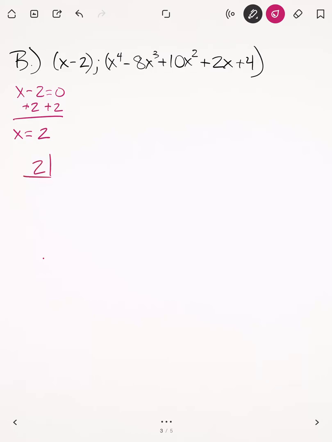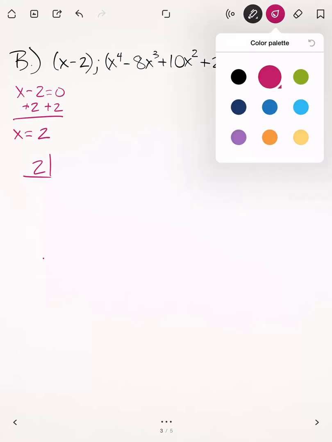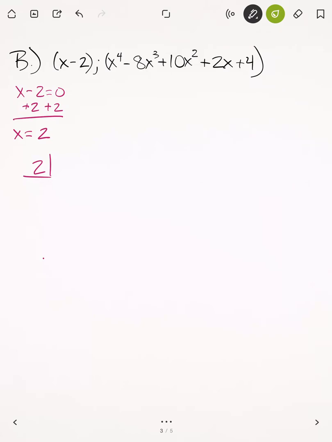One thing I forgot to say in the last example is we need to make sure that our polynomial is in standard form and it's not missing any exponents. So looking here, I have x to the 4th, x cubed, x squared, x, no x. So it's in standard form and I'm not missing anything. What I mean by missing anything is it does not jump from x to the 4th to x squared. It has 4, 3, 2, 1, 0.